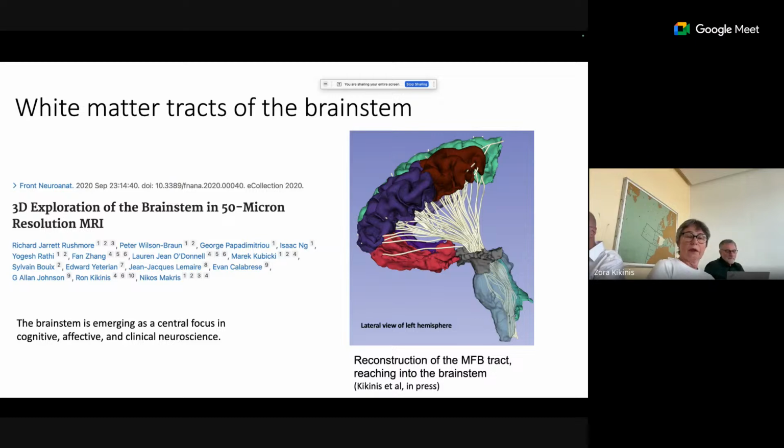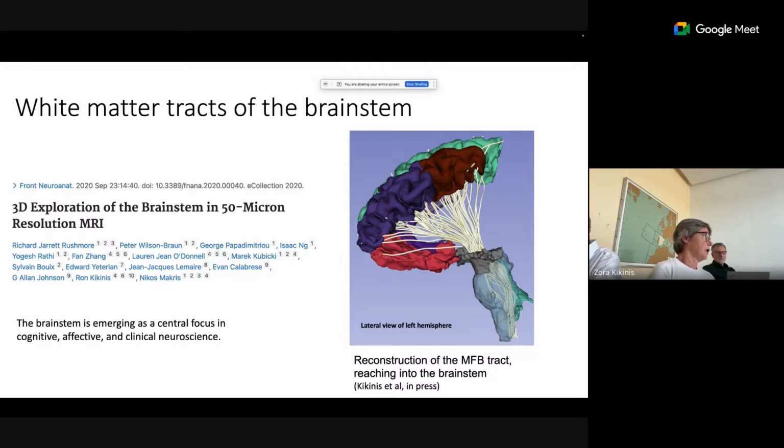He explored the brainstem with a very high resolution of 50 microns, and he was able to characterize the nuclei. So the issue with the brainstem and tractography is that all the tracks are parallel and next to each other, and they can be characterized by which nuclei they start from, but these nuclei are usually not visible, we cannot really see them.